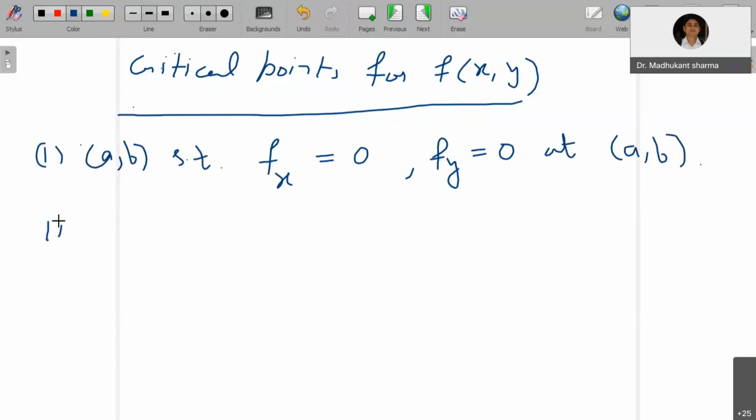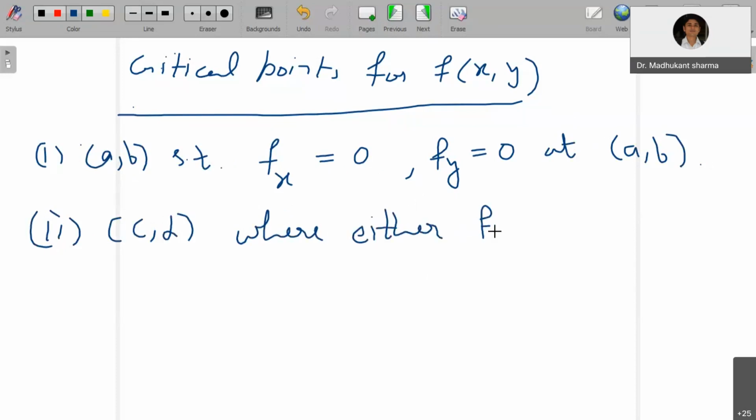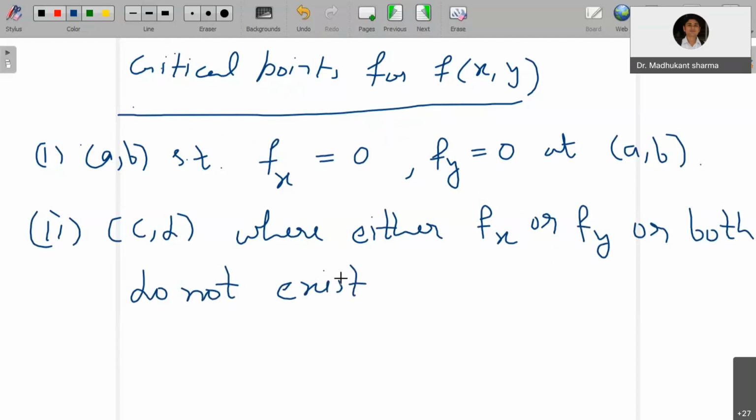And there are other points, some points c comma d, where either fx or fy or both do not exist. Then you will say those points are critical points.